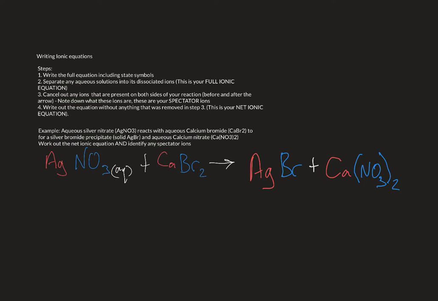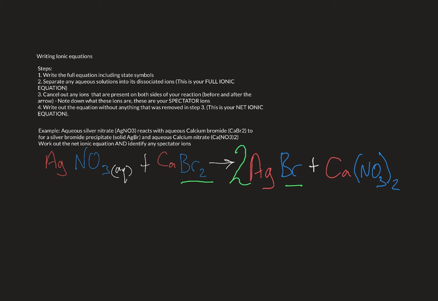You'll notice that your AgNO3 and your CaBr2 are going to AgBr and Ca(NO3)2. What I would notice with this is that there are 2 bromide ions on the left and only 1 on the right. So I'm going to have to double this. So I've got 2 of those.